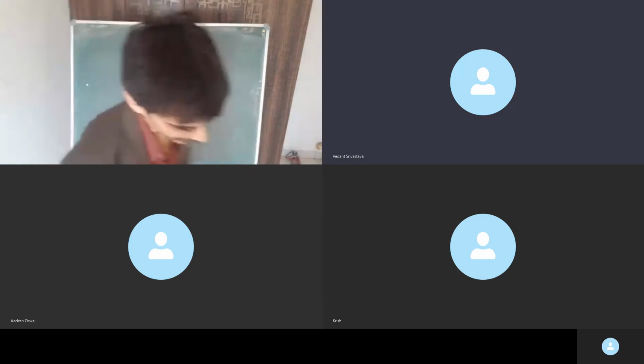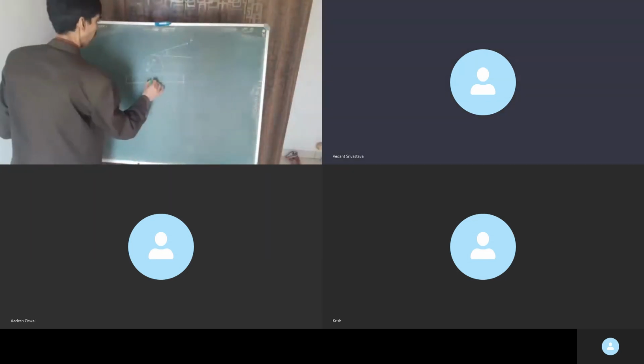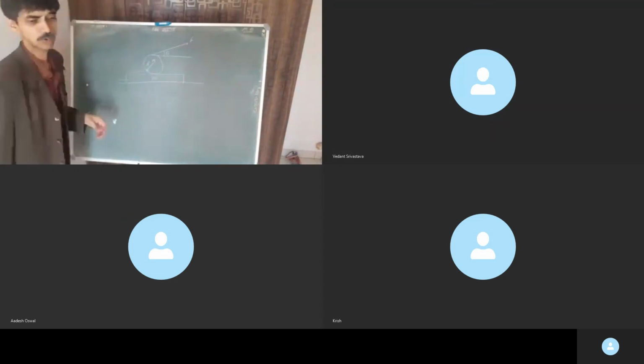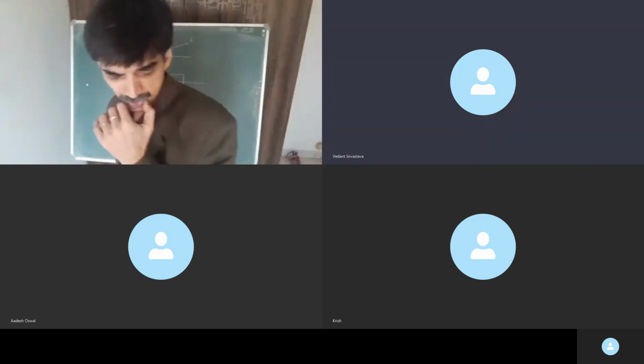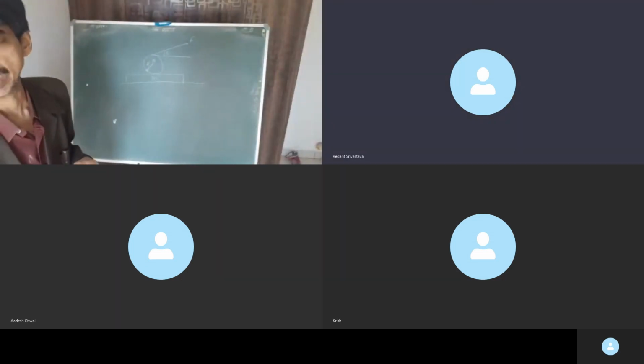The mass of the plank is also m, and it is kept on a smooth surface. The sphere is to roll without slip. It is a uniform solid sphere.